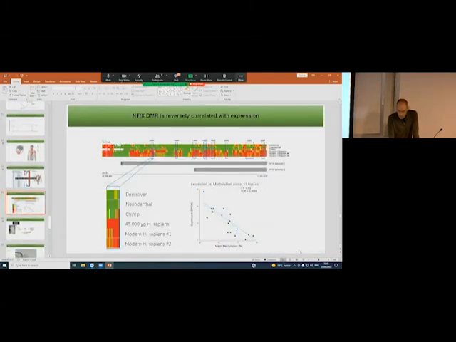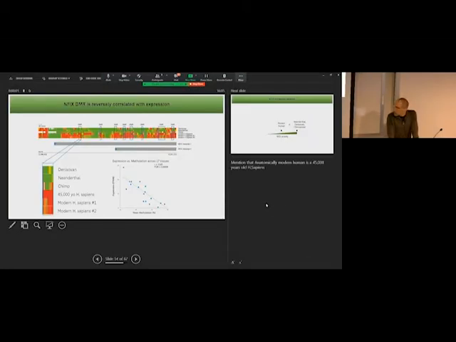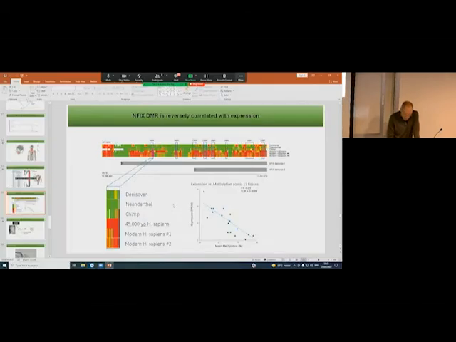Right. What we see here is not the expression itself. What we think is that methylation, at least in specific regulatory sequences, controls expression.